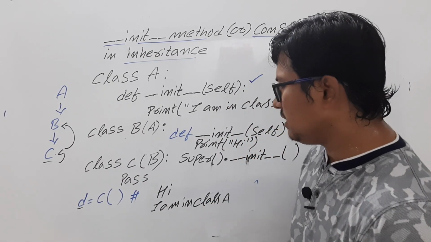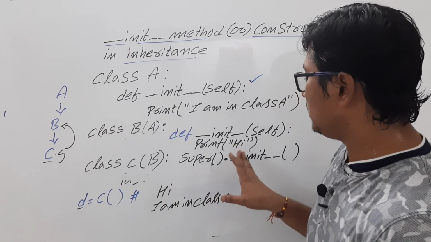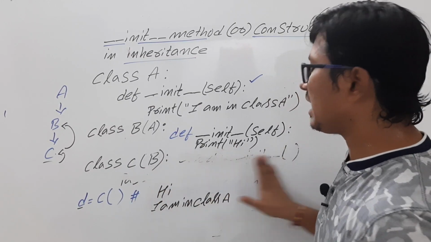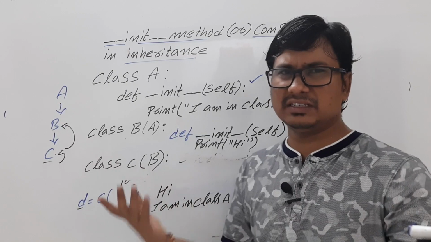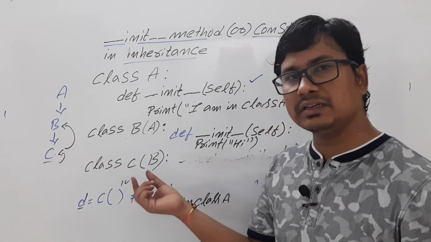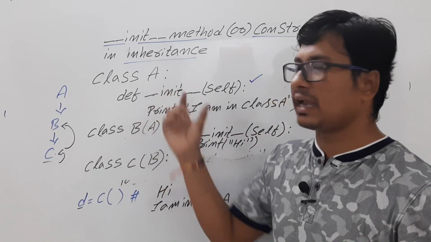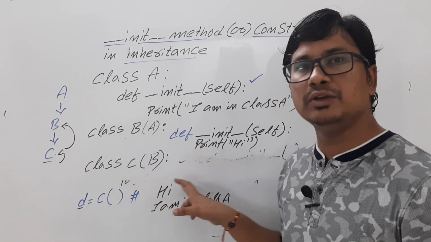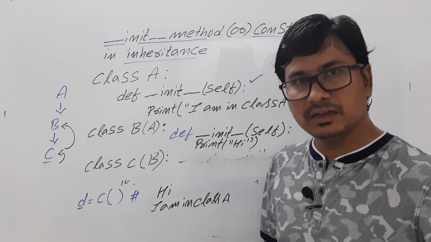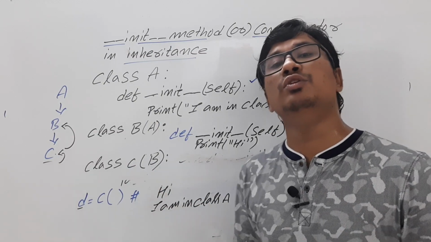Similarly, let's take that you have the init method in the class C itself. Then by this time you know it. If the init method is there in the class C itself, and also in class B and class A, then whichever init method is there in the class C will be invoked first.